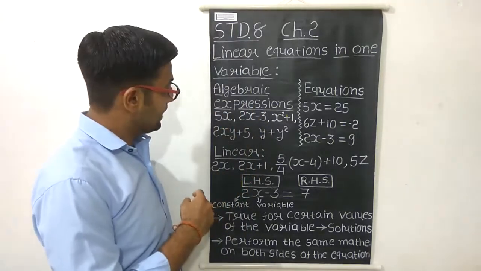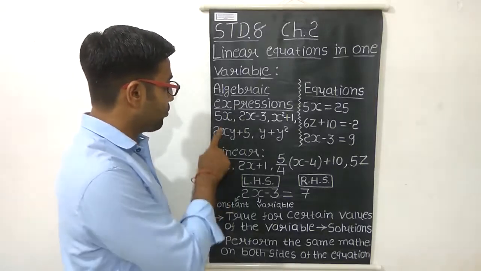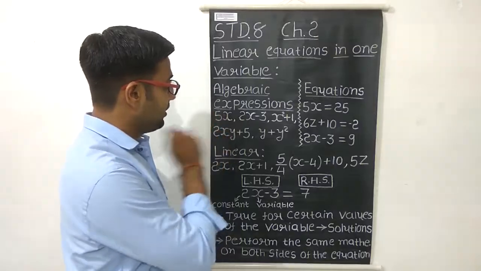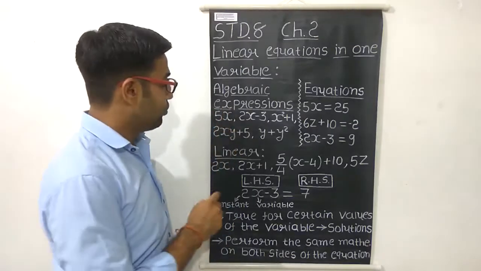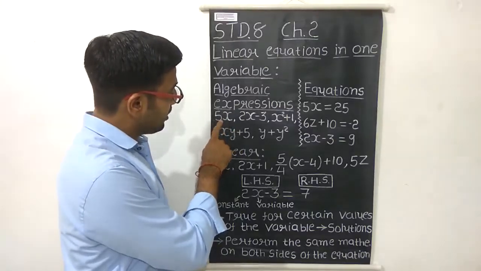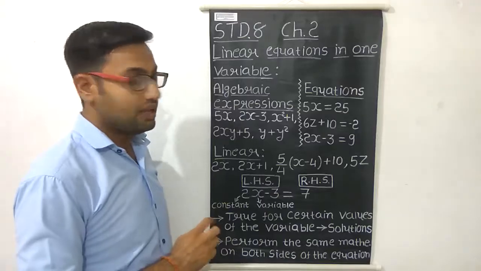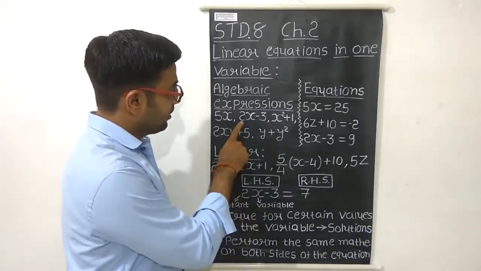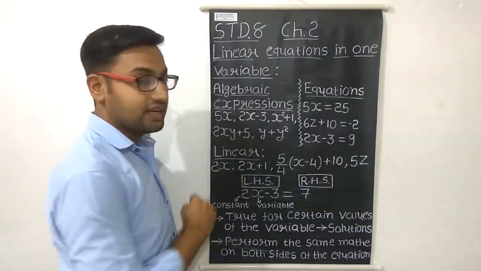And what are algebraic expressions made of? Two things. One is the constant, that is 5 here, and one is the variable, that is x. So by multiplying constant and variable we get some of the expressions. In the same way here also, this is a constant, this x is a variable.